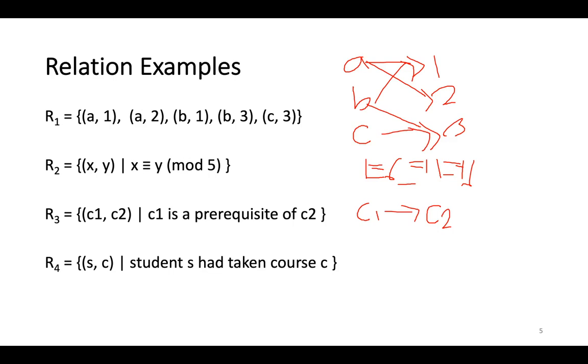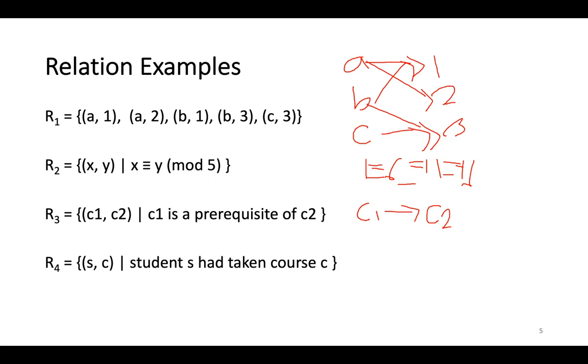And the second one is a relation with the modular operation. In this case, we can get this congruence between x and y, based on modulo 5. So those two have the same remainder. That can give you a relation.